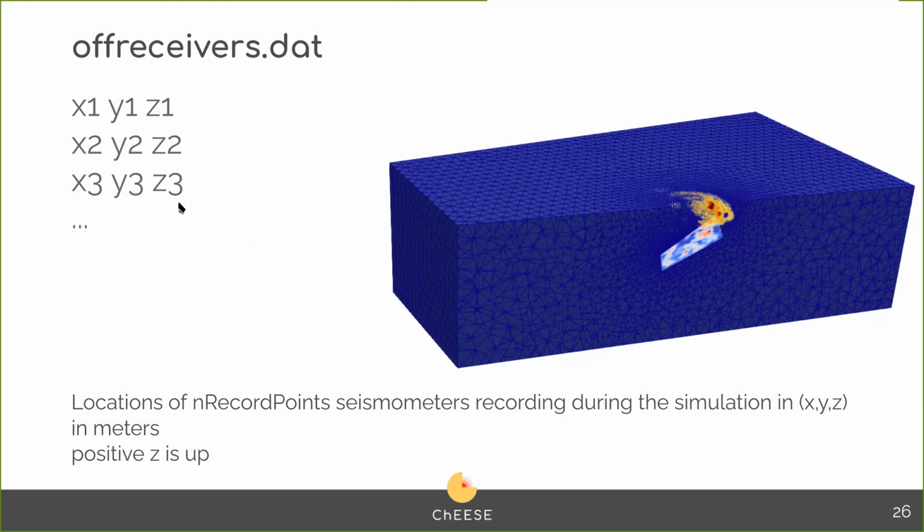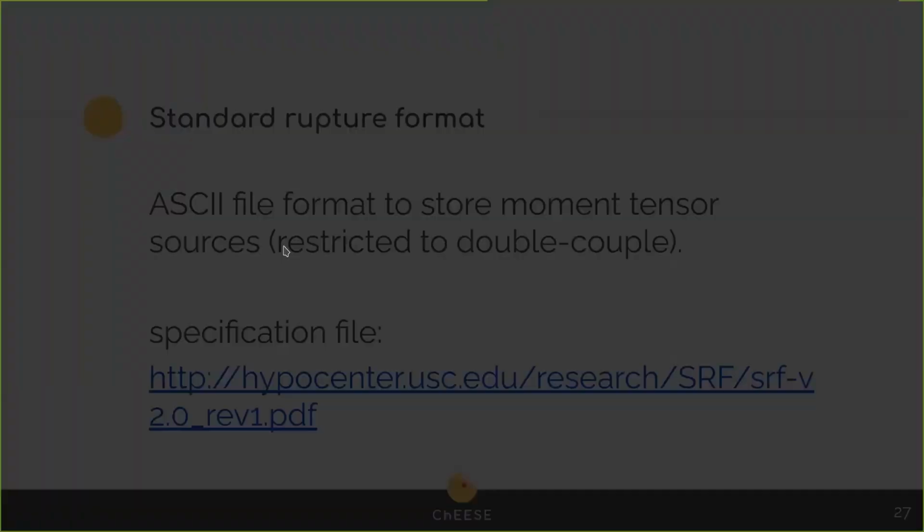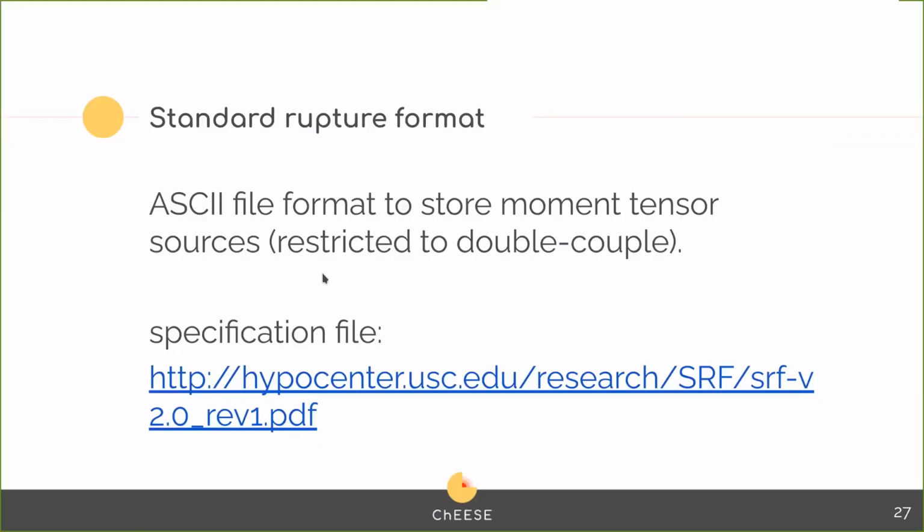Usually in SeisSol we use a convention of Z positive. Actually this is only important for dynamic rupture, because you need to have some reference frame to define the strike and the dip coordinates in the fault output. The source is described in the standard rupture format.